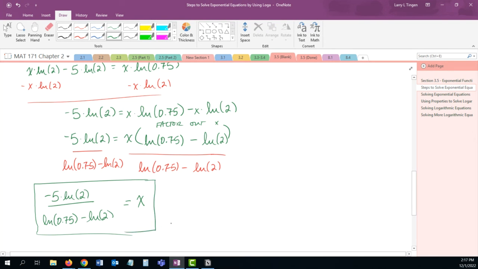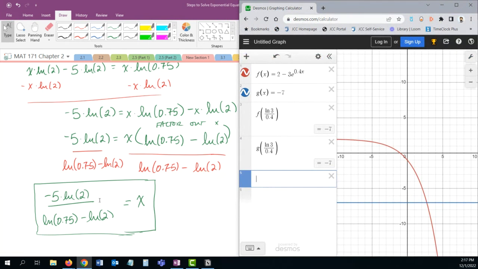There's my answer. It does not look like an answer that you've seen before. It doesn't look pretty or nice or neat, but it is B. How do I know? Because I've done this problem before, and I've got some confidence in it.